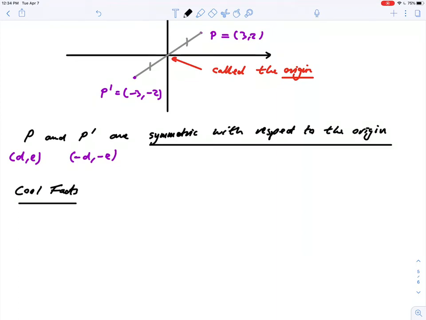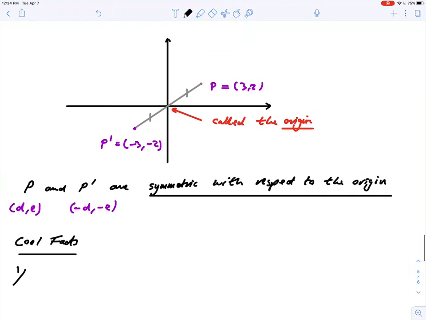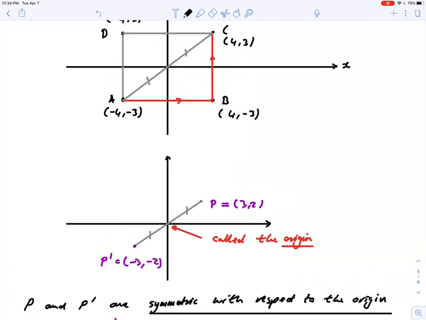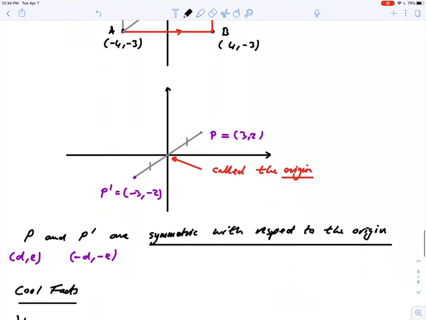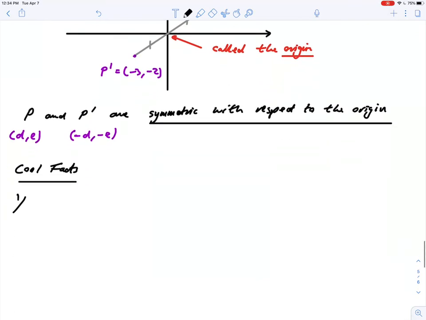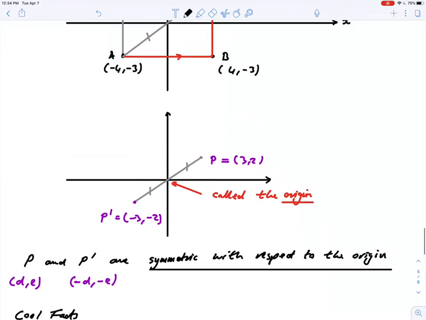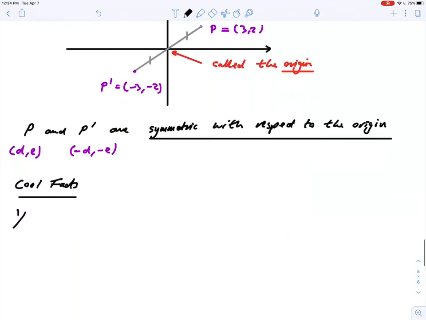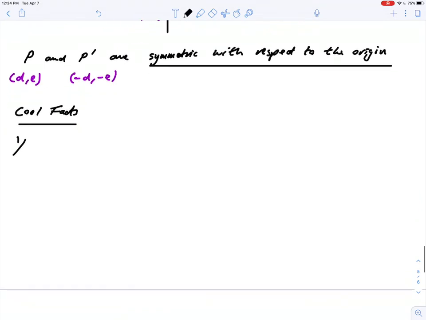The first thing is, we can see from our picture above, reflection in the origin is the same thing as doing a reflection in the y-axis and then the x-axis. So this is a cool idea. We're combining two symmetries, one reflection in the x, one reflection in the y, and getting a new symmetry, an origin reflection.